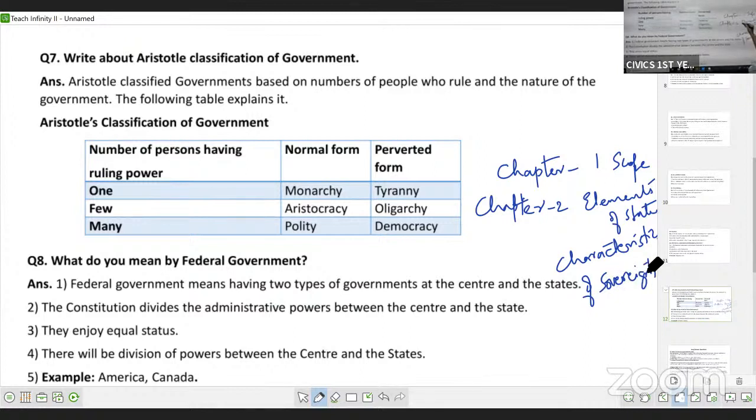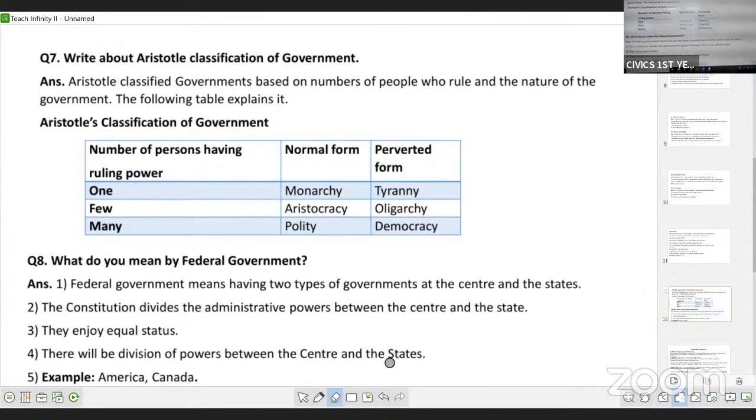If you are learning these two questions from the second chapter, you will be able to answer one question. So if you are learning these three LAQs, you will be in a position to answer two LAQs.